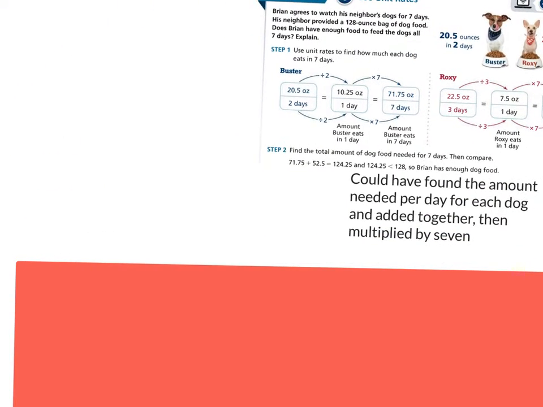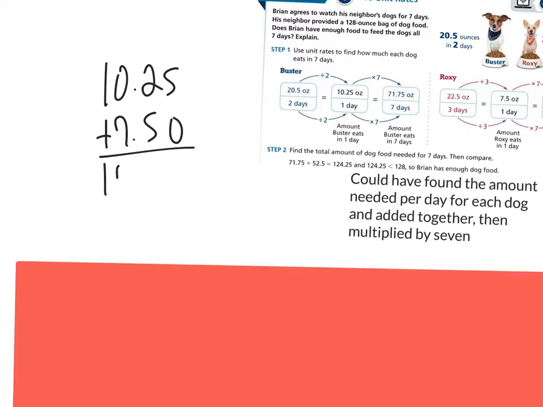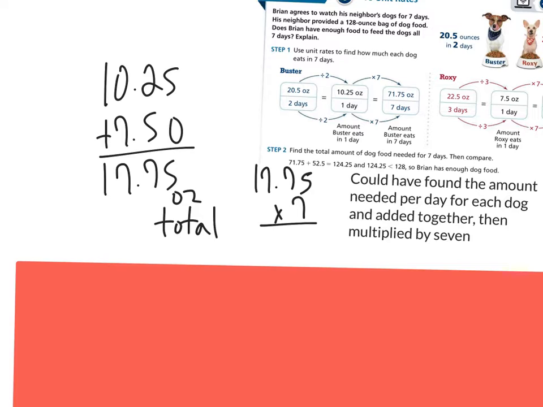We could have added the 10.25 and the 7.5 and just said overall I need 17.75 ounces total for the day. And then we could take that and multiply that by 7 and we should get that same answer, the 142.25.